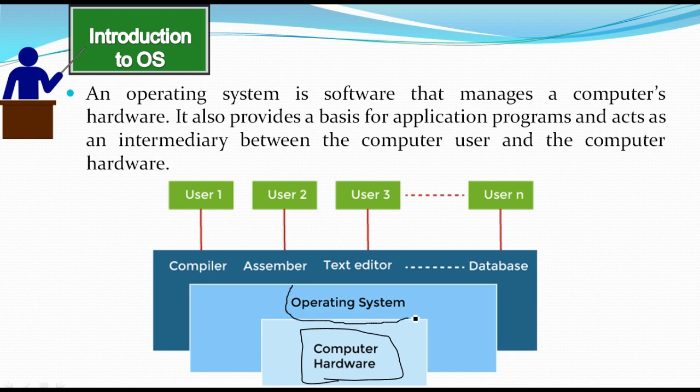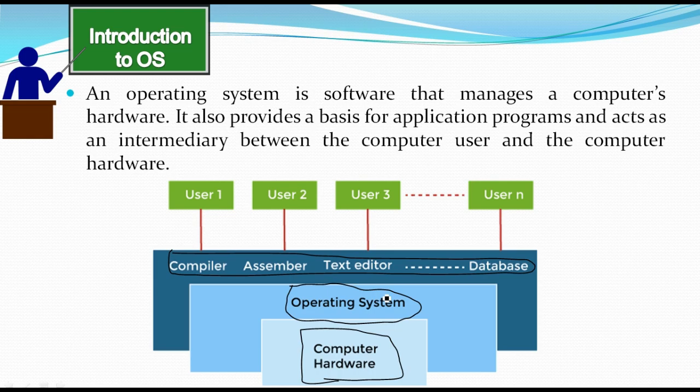Third is the application programs, or we can say that these compilers, assembler, text editor, database, all these are the application program. All these application programs are installed over operating system. And the fourth one is the users. So these are the 4 system components.